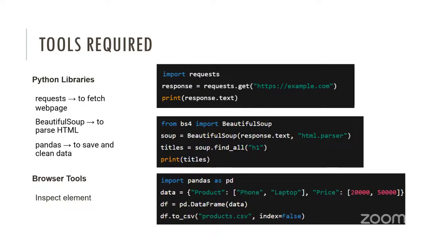For example, on an e-commerce site, the product name might be inside a span tag with a special class name. We can copy that tag name or class and then tell Beautiful Soup to extract it. So those are the tools we require.